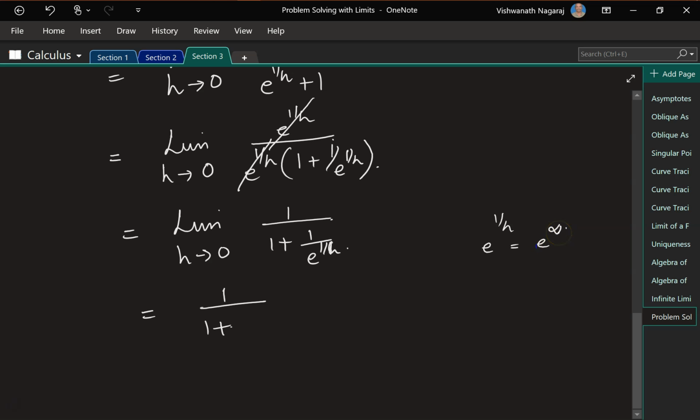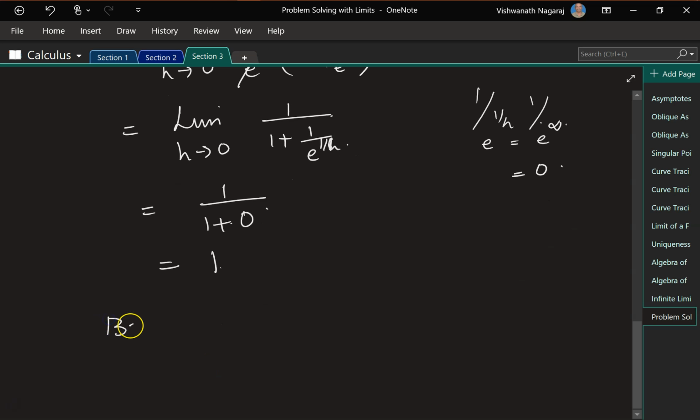e to the power of infinity is infinity. But we are talking of 1 by infinity. So 1 by infinity will give you 0. So 1 plus 0, which is 1. Now both left hand limit and right hand limit exist.